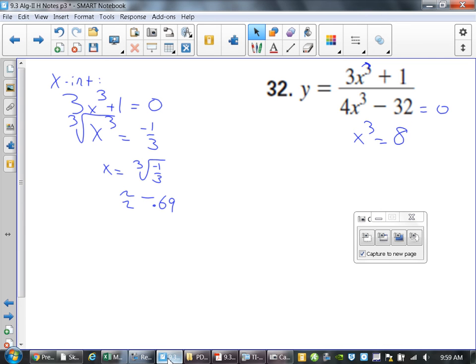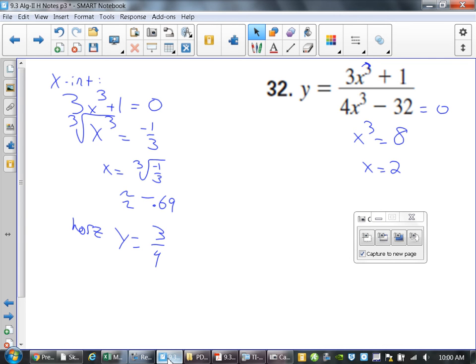Divide by 4, so x cubed equals 8 and your vertical asymptote is at x equals 2. I don't have to worry about the quadratic factor, because I know it's not going to give me a real solution. Now I have my x-intercept, my vertical asymptote, and my horizontal asymptote would be 3/4. Why is it 3/4? Because top equals bottom degree, and the coefficients are 3 and 4.